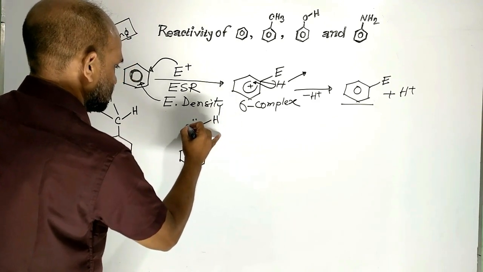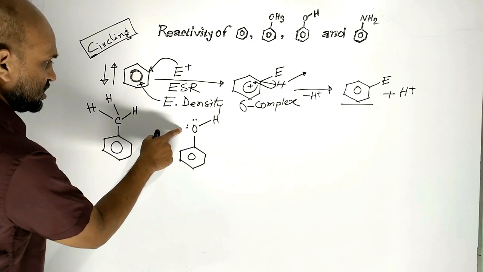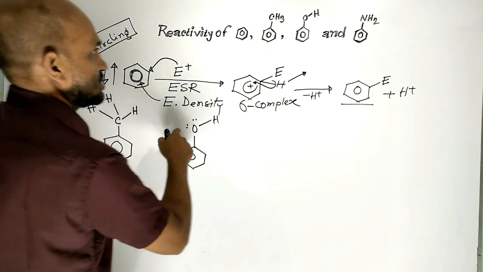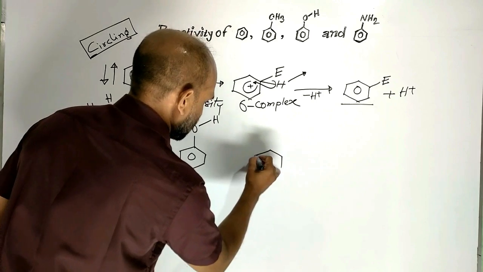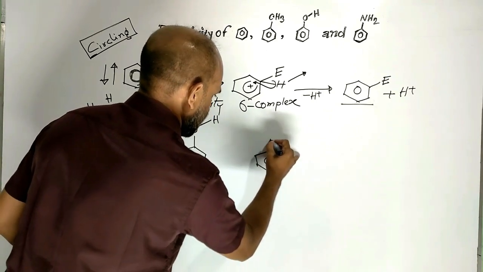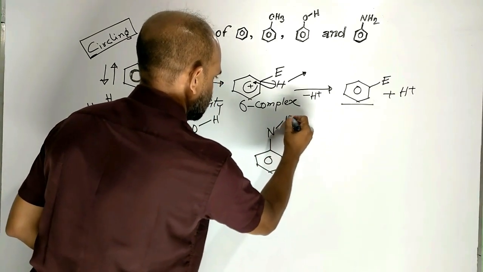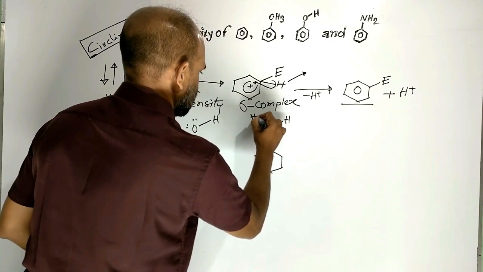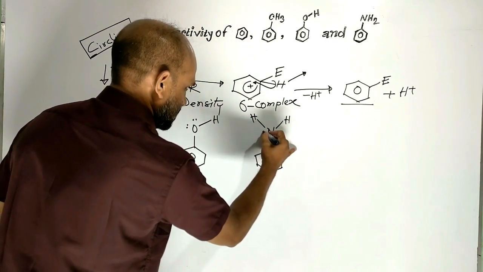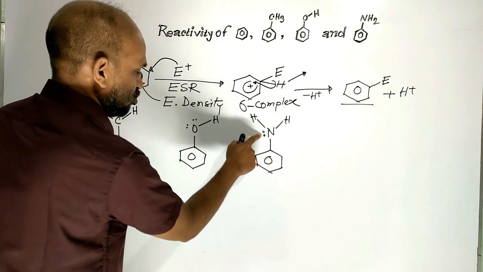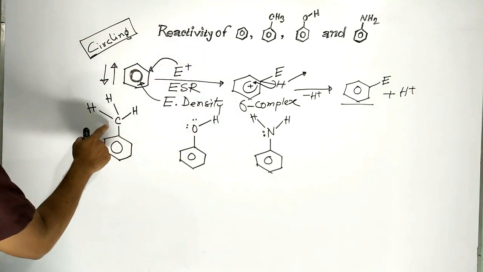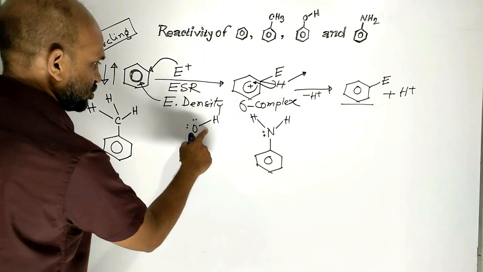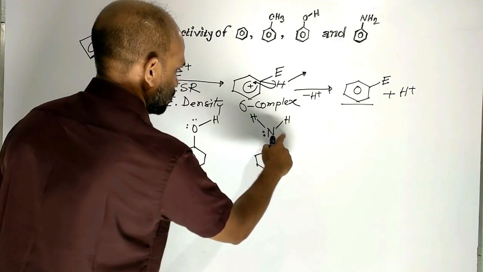Oxygen contains 2 lone pairs of electrons. Then, aniline, which is also known as aminobenzene, in which nitrogen contains 1 pair of electrons. Here, methyl group, hydroxyl group, and amino group.